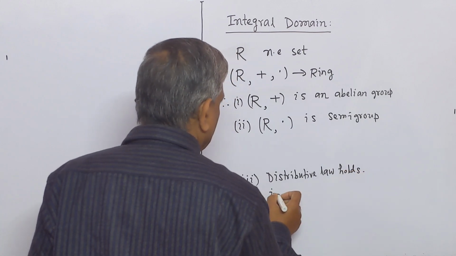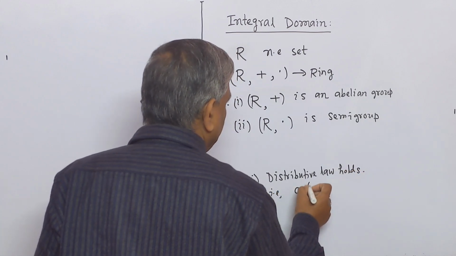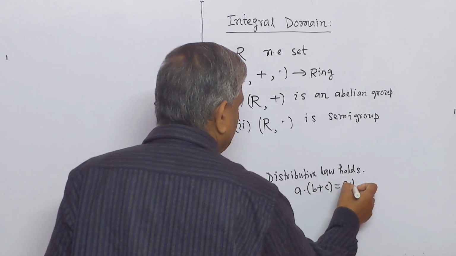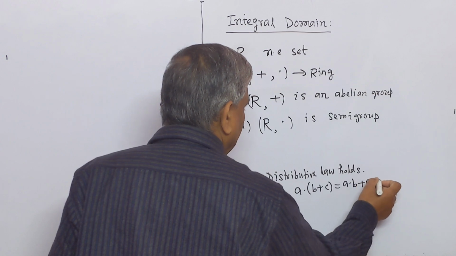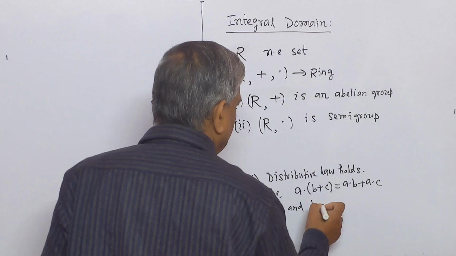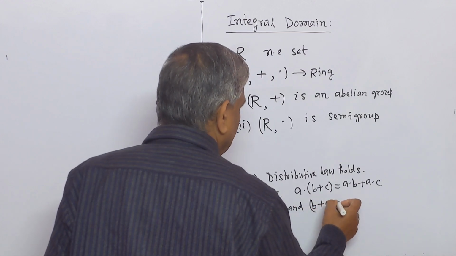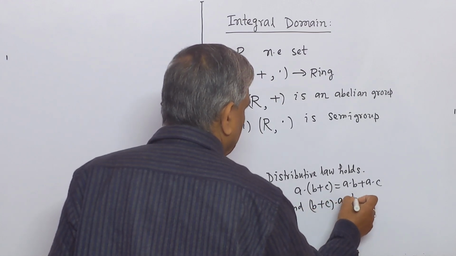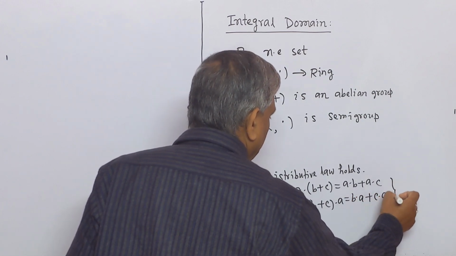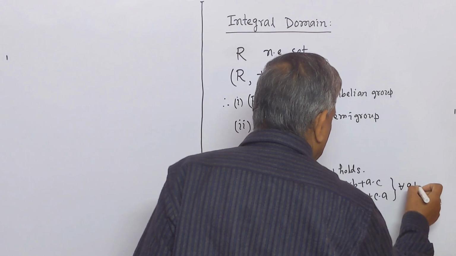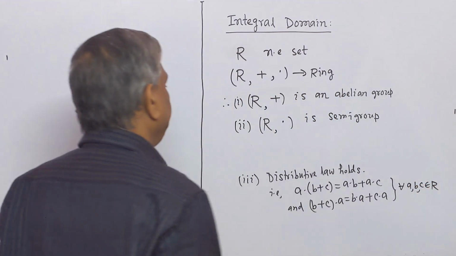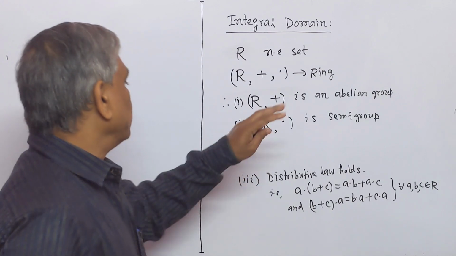That is, A multiply (B plus C) equals A multiply B plus A multiply C, and (B plus C) multiply A equals B multiply A plus C multiply A for all A, B, C belonging to R.